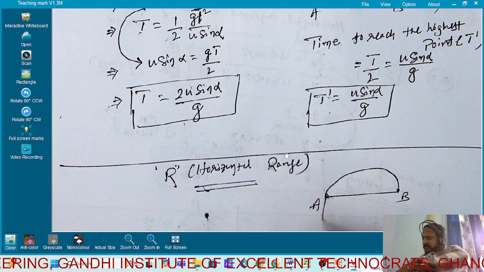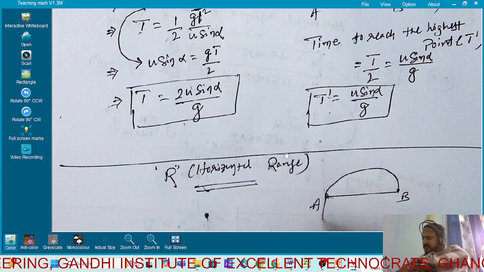You answer my question. When you are finding out this particular length, we will use this equation, S is equal to ut plus half at square.